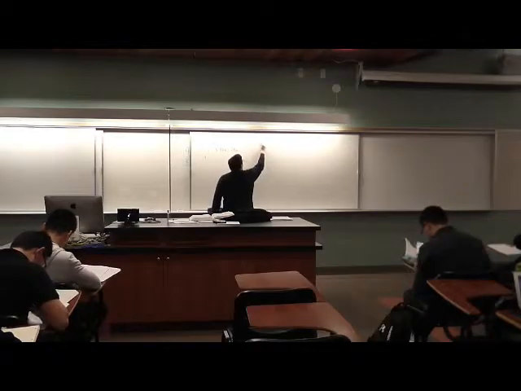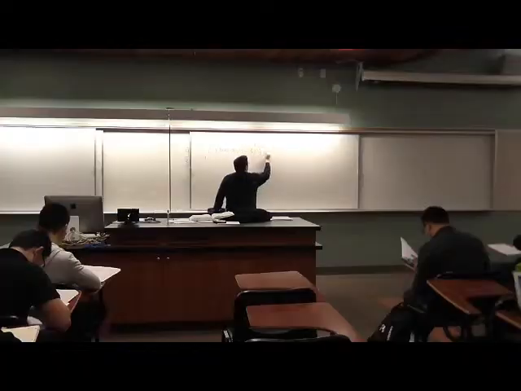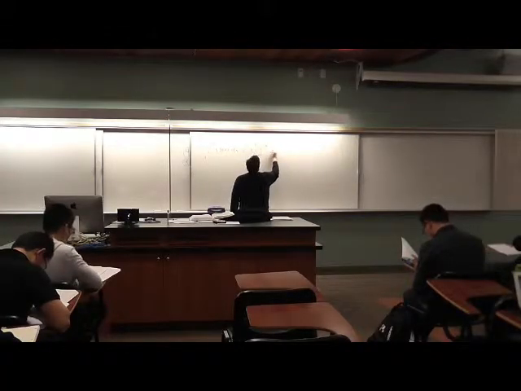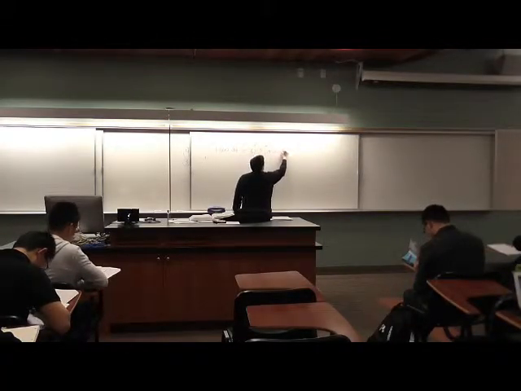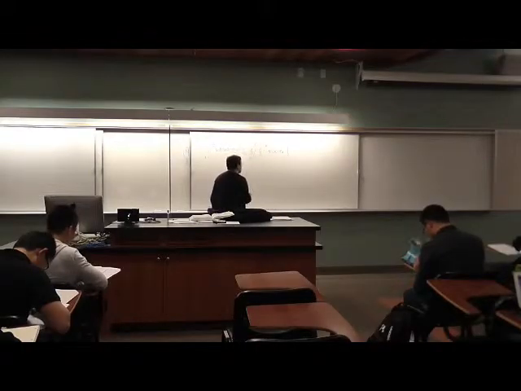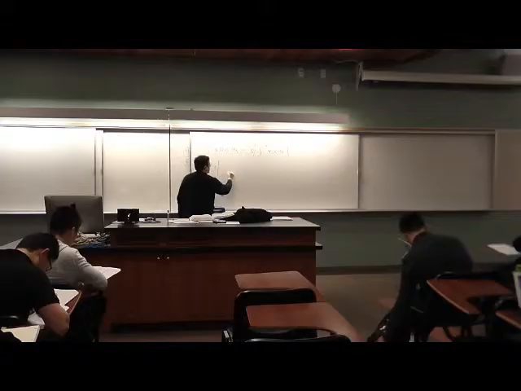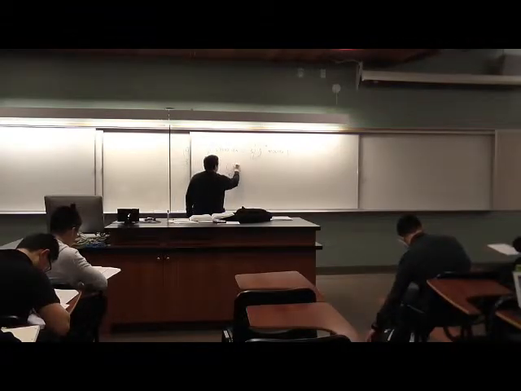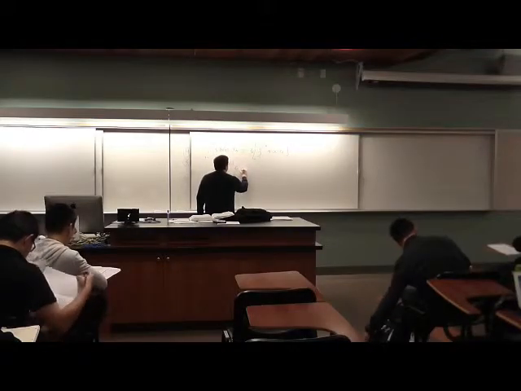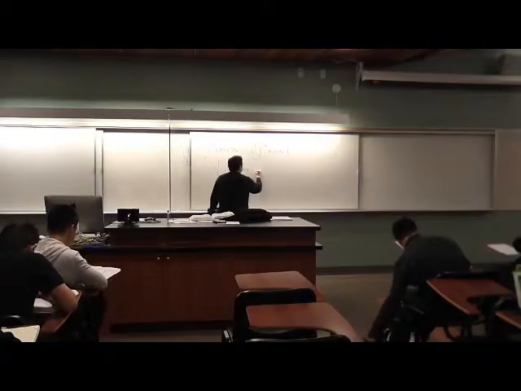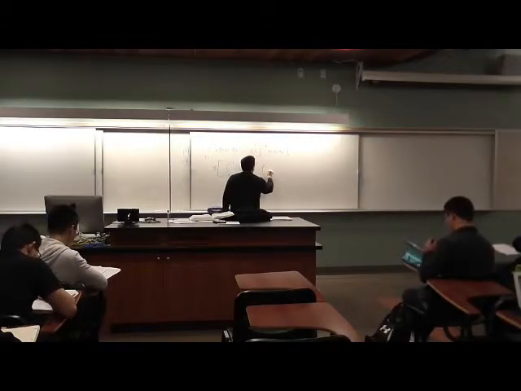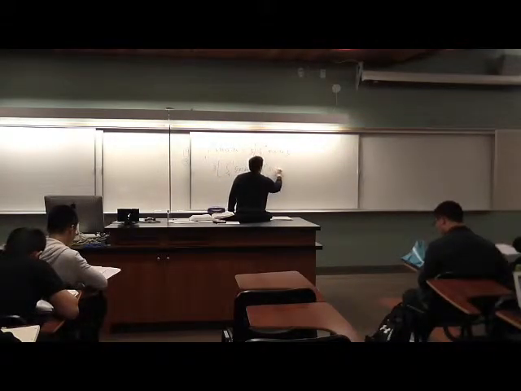So that's, of course, 3 times this integral 4 to 6 f of x dx. And now we want to split it up. So it's 3 times the integral from 4 to 1 f of x dx plus the integral from 1 to 6 f of x dx.